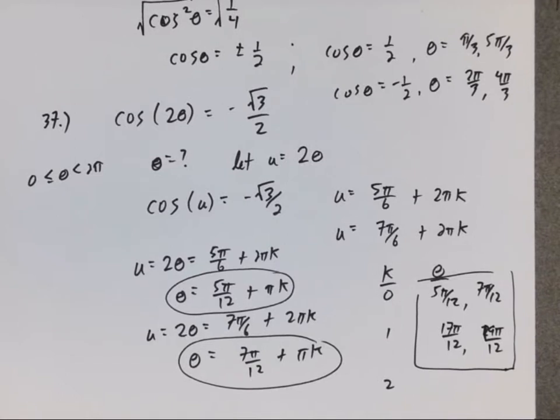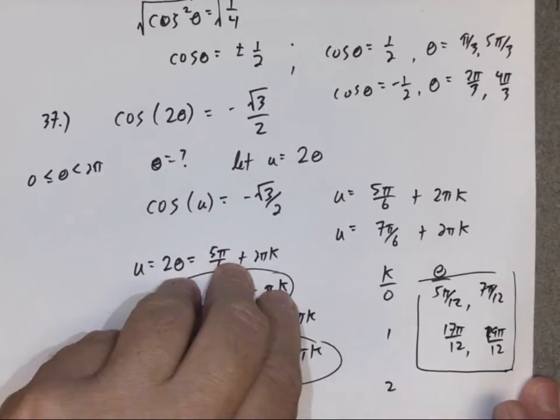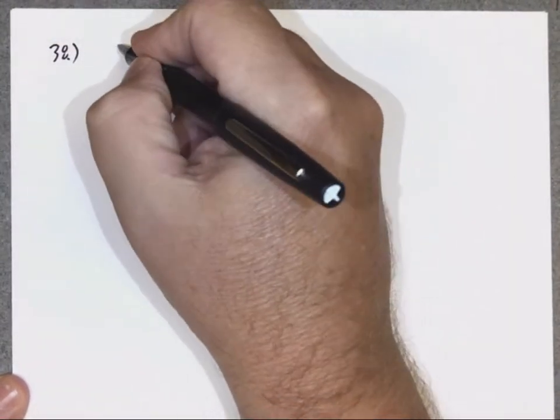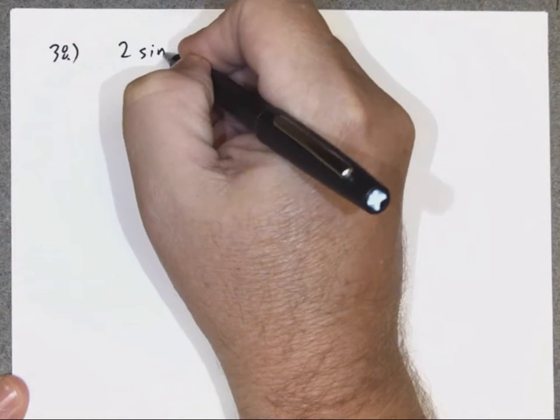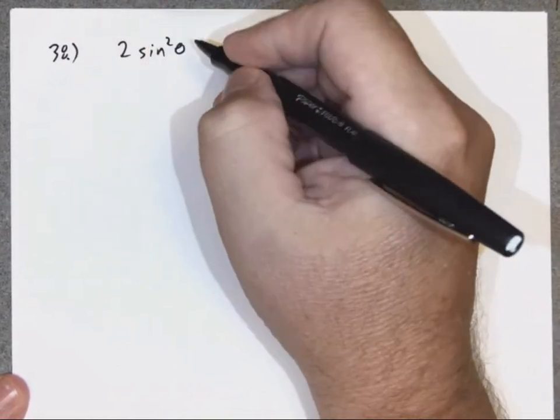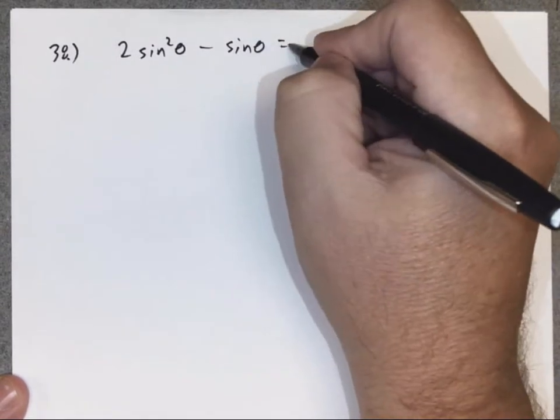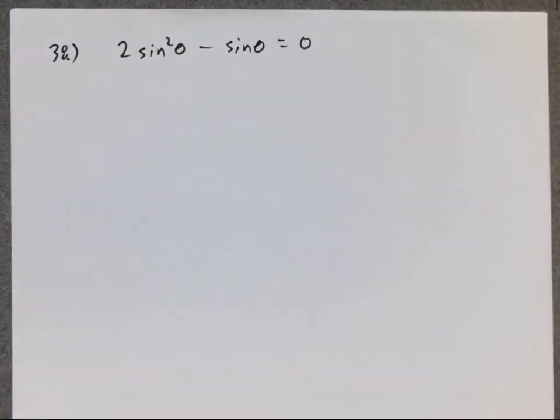All right, looks like I have another problem to solve with a trig function in it. It's number 38. 2 sine squared theta minus sine theta equals 0.